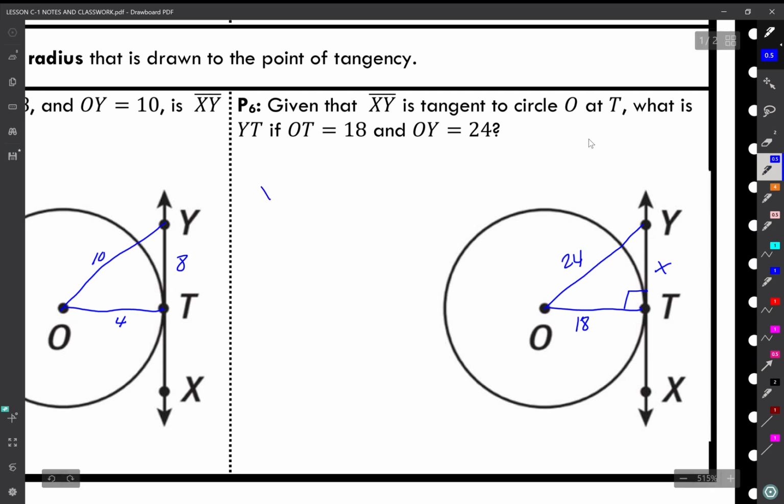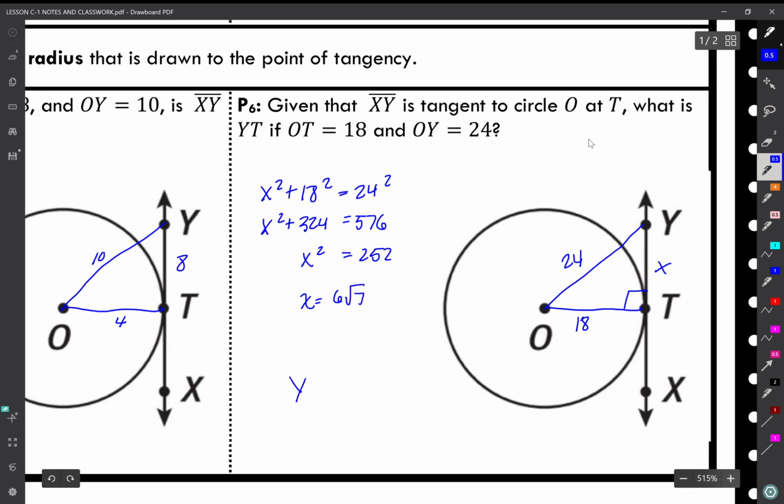So by the Pythagorean theorem, x squared plus 18 squared equals 24 squared. X squared plus 324 equals 576. So x squared is equal to 576 minus 324, which is 252. Then take the square root of both sides. You get that x is equal to 6 square roots of 7. So YT is equal to 6 square roots of 7. And we like to leave things in square roots from now on.